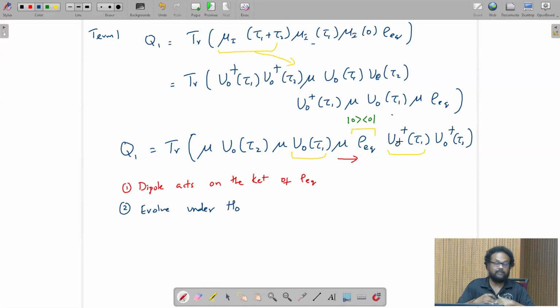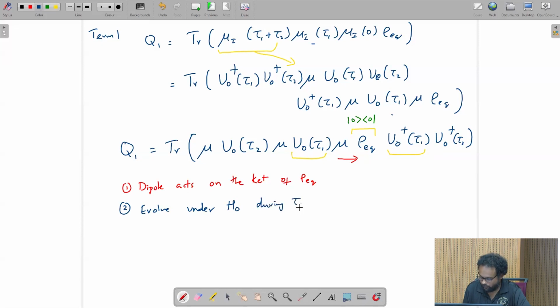Under H naught, which will have all its bath interactions in it, right? H naught, we typically assume not to have bath interactions, but if I want to be rigorous, I should have system bath interactions as well.